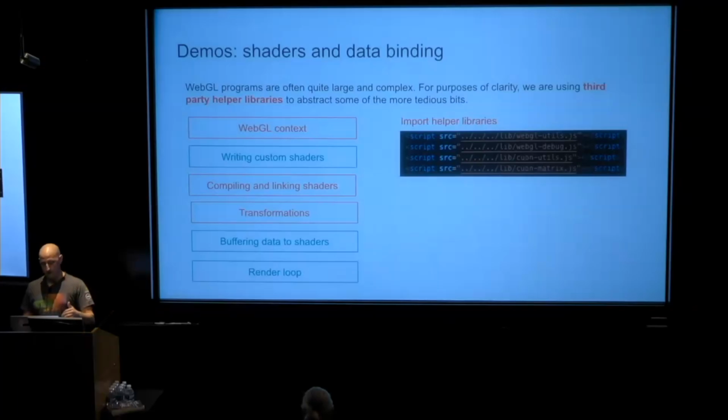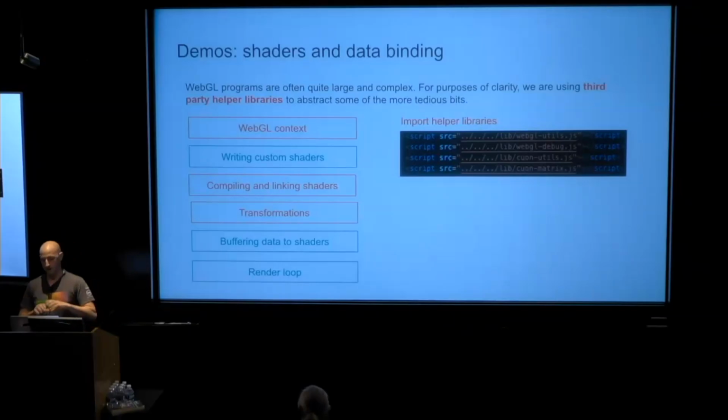We will be writing custom shaders, but we will not be responsible for linking and error handling when you're trying to compile shaders. We won't be handling any of the complicated math for defining transformations, but we will be using transformations. But then we will be actually buffering data from your JavaScript context to your 3D context, and we will also go over the render loop.